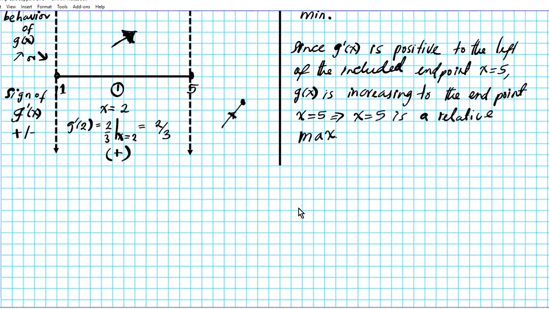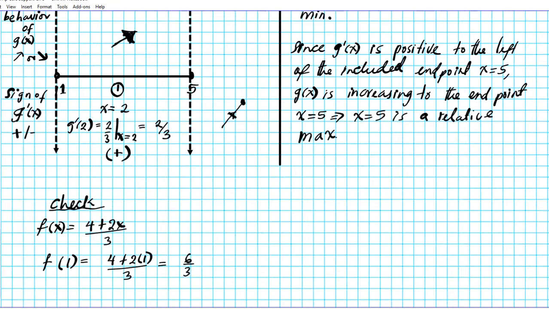Alright, so that's our S step. Now let's finish it off with our check, just to verify that our claims are correct. The original function f of x is 4 plus 2x over 3. So let's start with the first one. f of the minimum, 1, will be 4 plus 2 times 1 over 3. And then we have 4 plus 2, which is 6 over 3, which is 2.